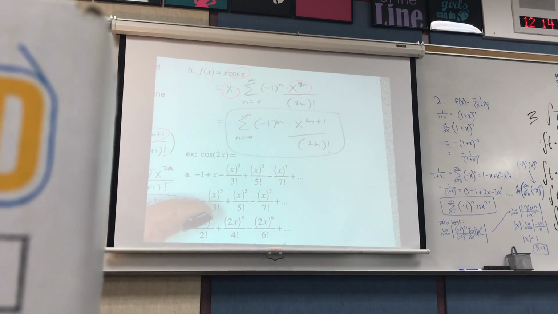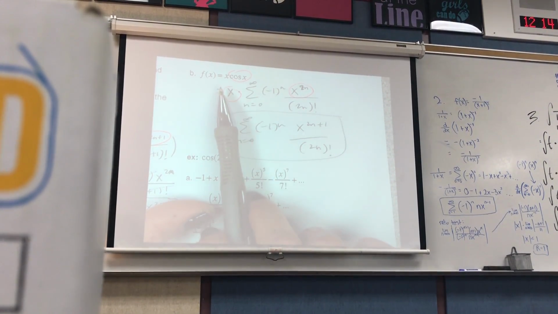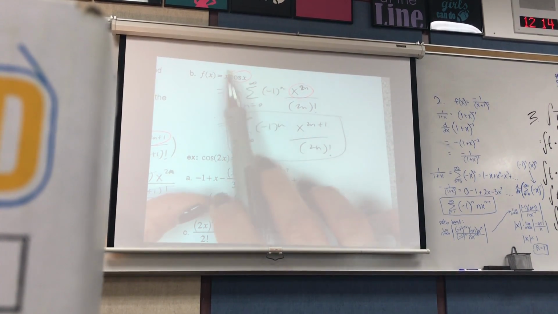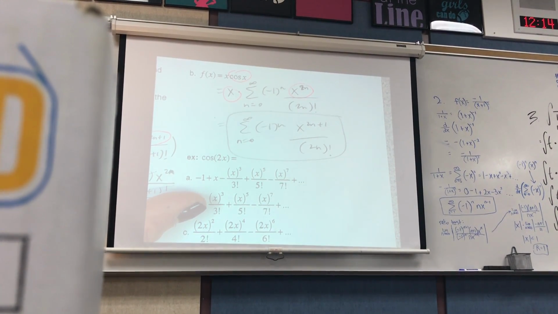And that's it. Does everyone see that? So this was an example where you times the x by the function. Sometimes you plug into the function. It just depends on if it's a product or if it's a composition.